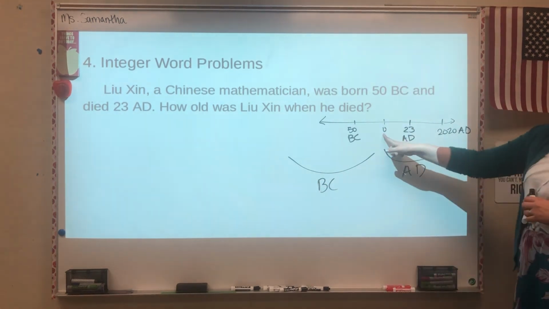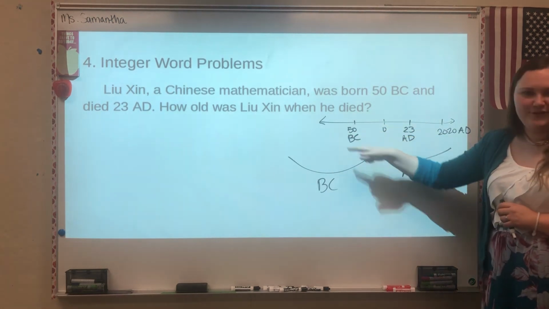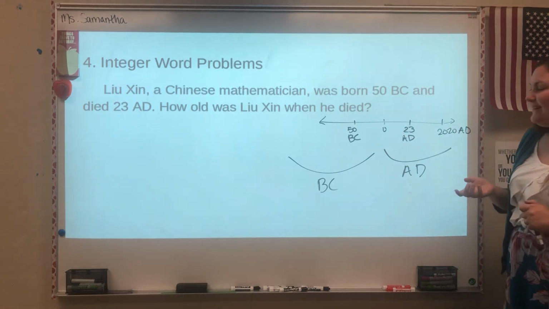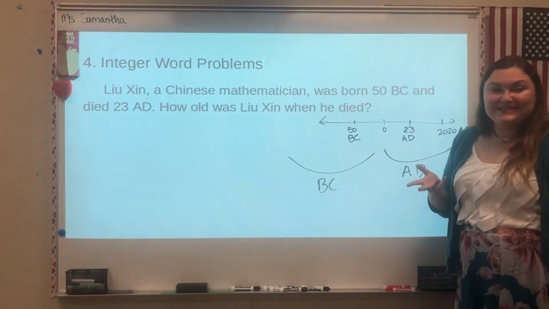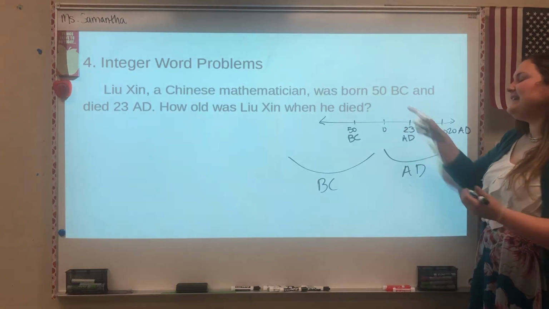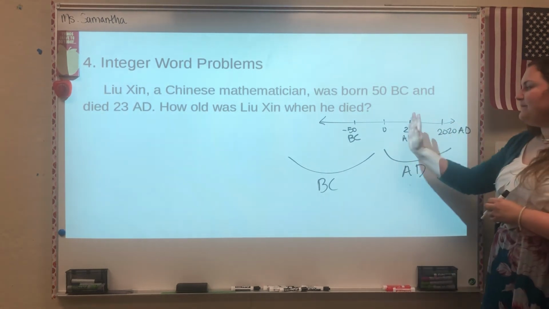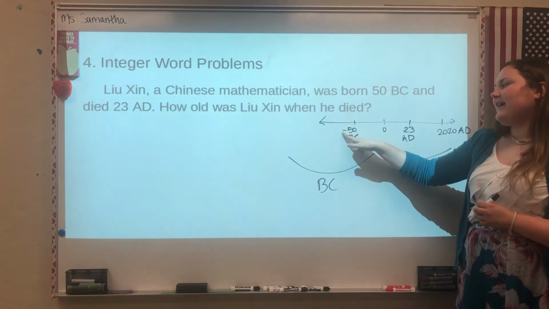You'll notice I've got 0 here in the middle, but 0 is not between 23 and 50. I said our timeline is kind of like a number line. I mentioned earlier places you see negatives, and BC is another place where you see negatives. If it's before that point, we've got it as a negative.